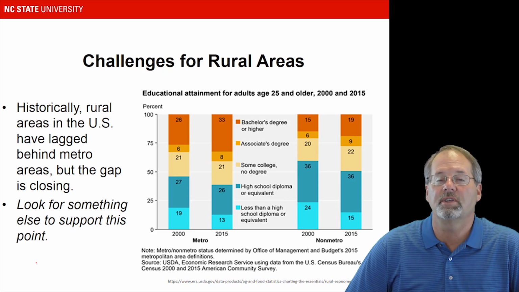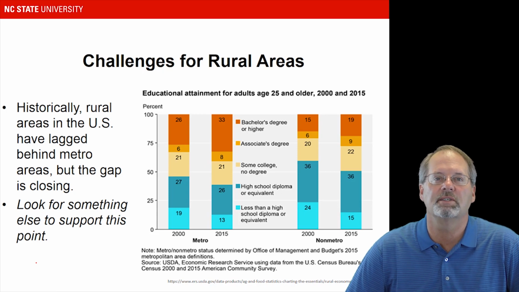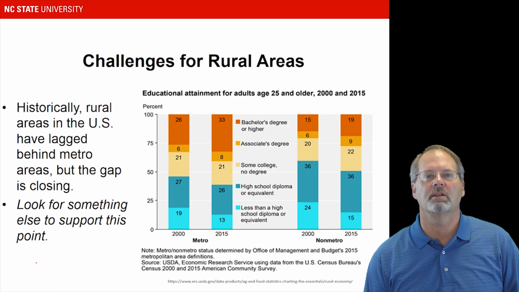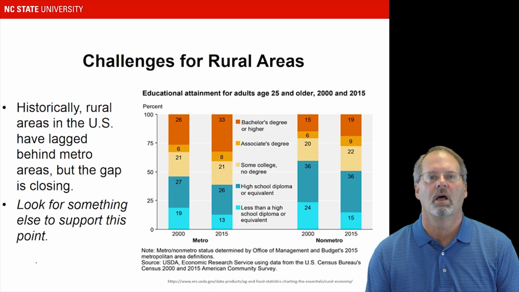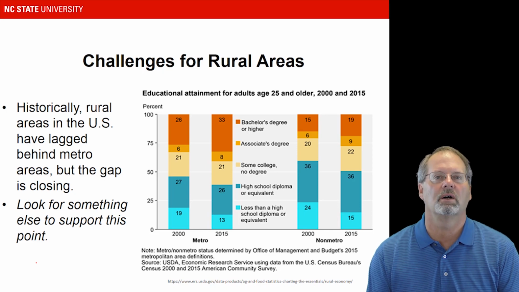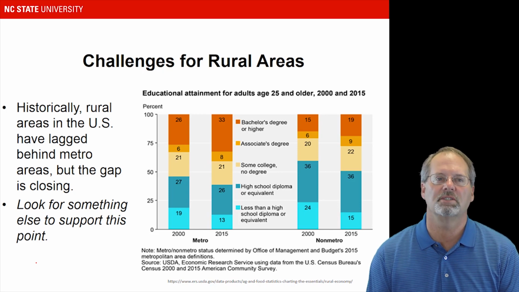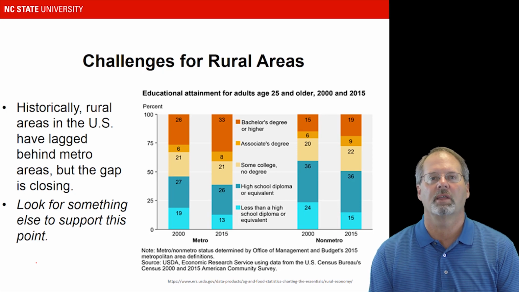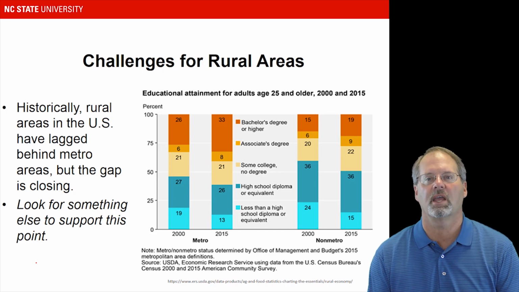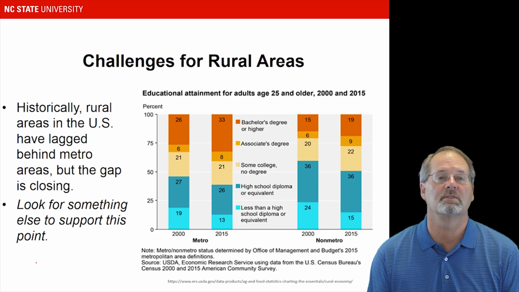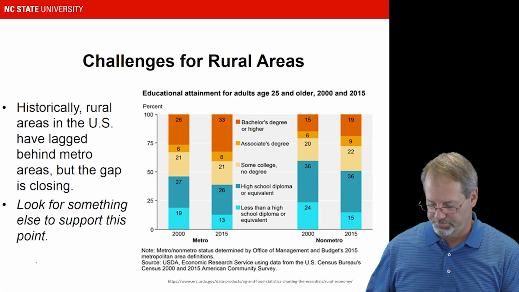And in 2015, for rural areas, it was only 19%. You can look down and see that in general, rural people have less education. And again, we feel like education is one of the keys to quality of life.